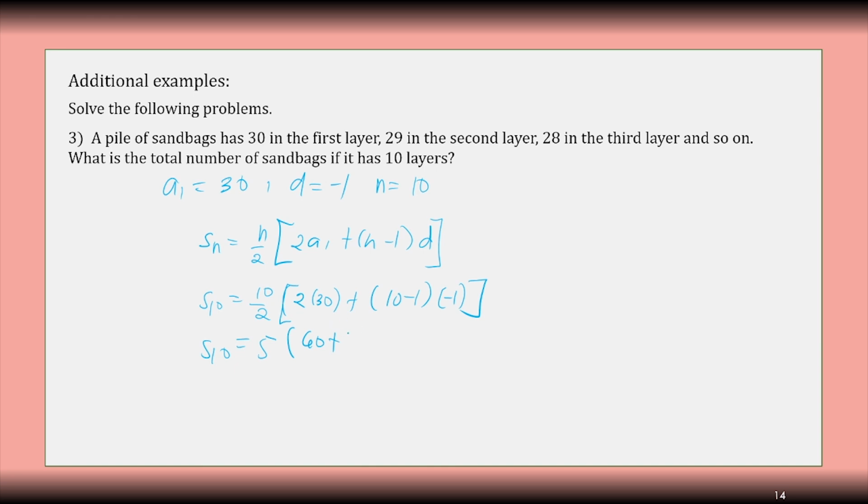Times negative 1 is negative 9. Then, S sub 10 is equals to 5 times, pag pinag-minus natin yan is 51. Then, S sub 10 is equals to 255 sandbags. So, ito yung ating final answer.